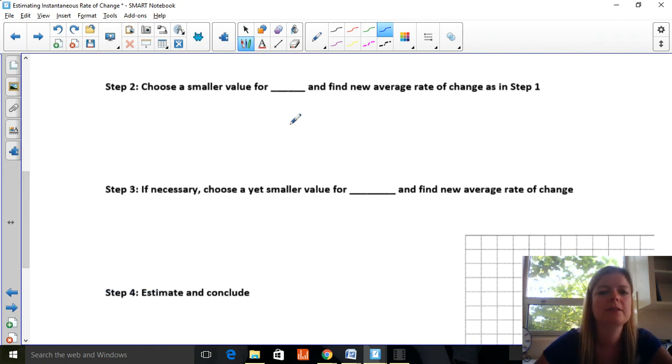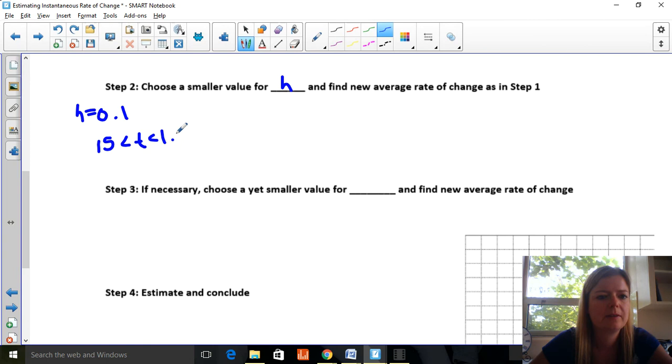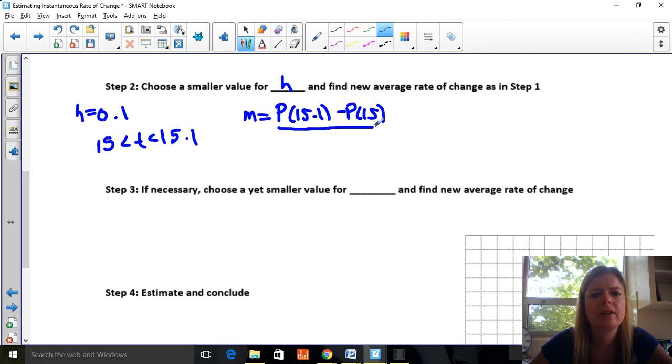So now let's choose a smaller value for h. So h equals 0.1. Okay, so now we're looking between 15 and 15.1. So the slope is p at 15.1 minus p at 15 all over 0.1.